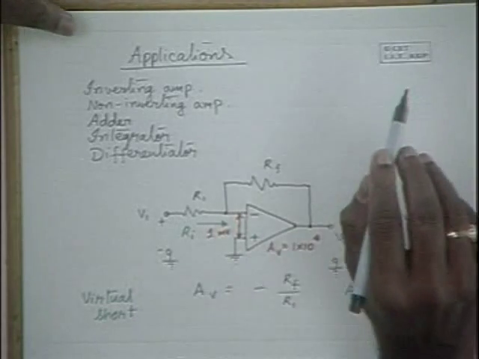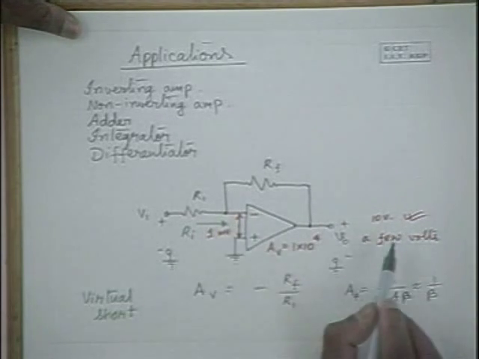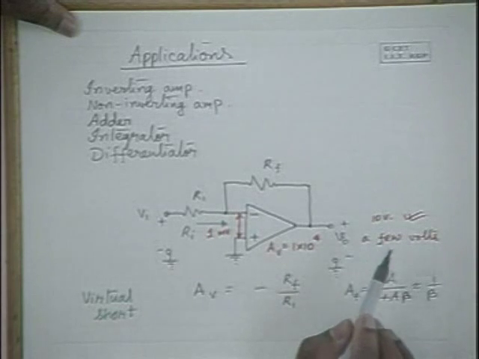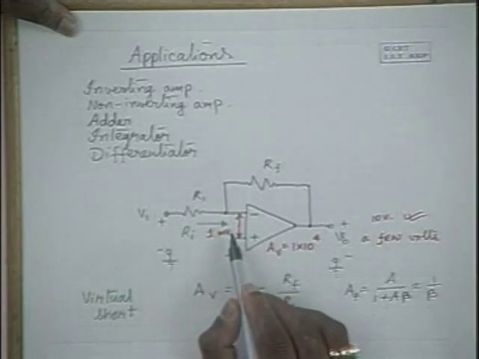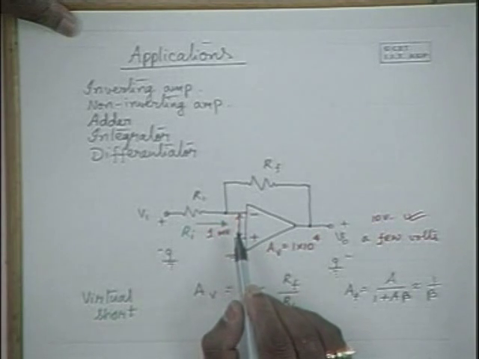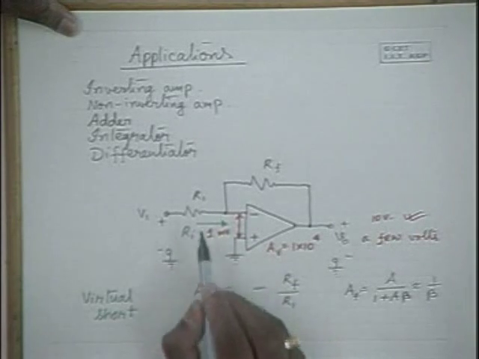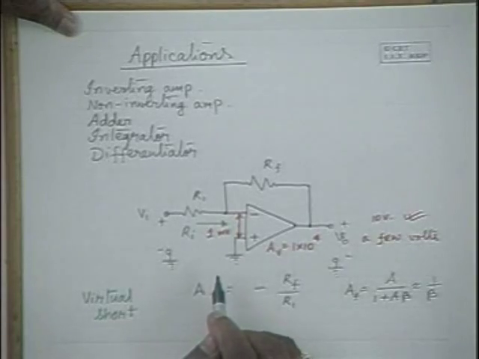I repeat, this is a virtual ground because for a reasonable and undistorted output voltage, the input voltage is only of the order of millivolts. But the impedance between these two terminals is very high. Hence, it is not a true ground or true short, it's a virtual short.